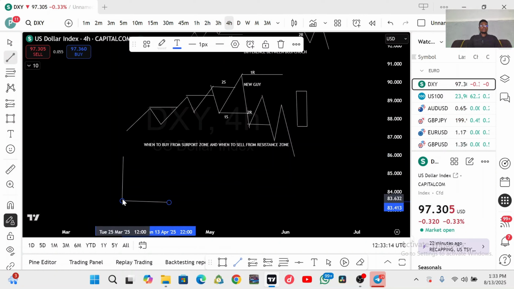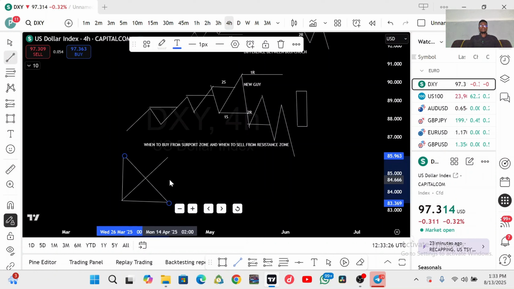Now, this is the demand, and then this is the supply. This very point of interception is called equilibrium. Now, this point of interception is where the buyer and the seller always come to an agreement.